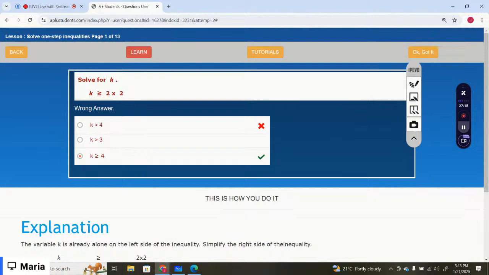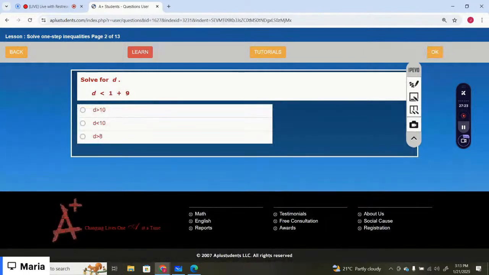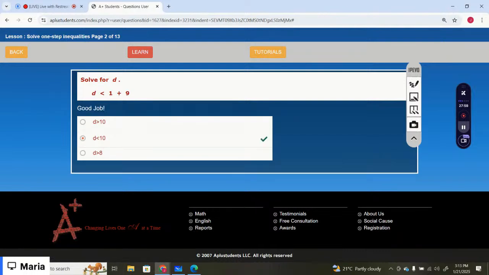Sorry, option number 4 is the correct option. d is less than 1 plus 9, which is the correct option. That is d is less than 10.